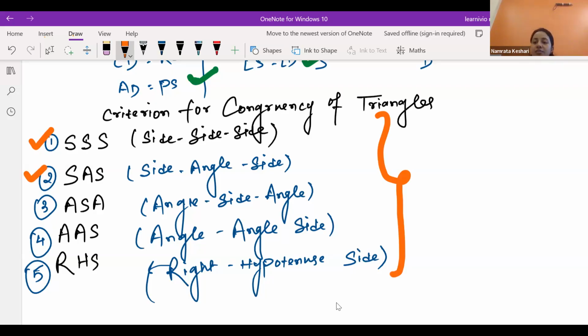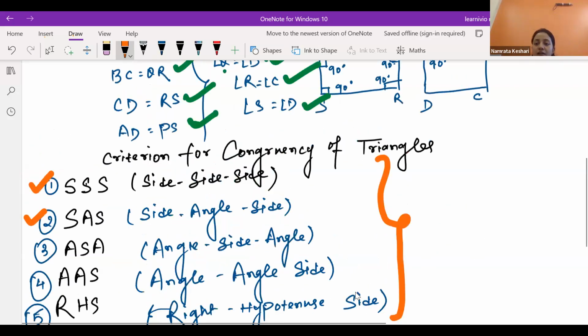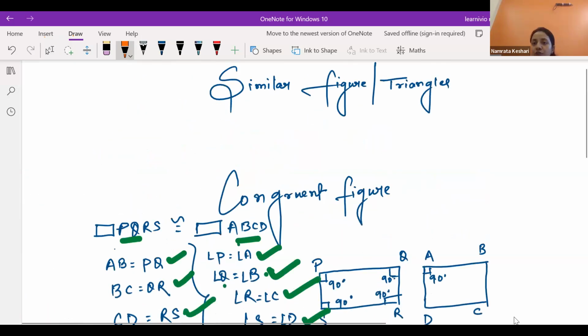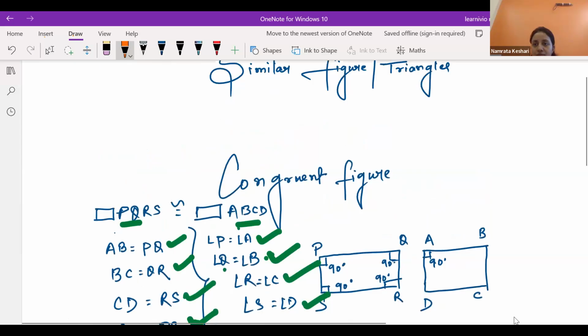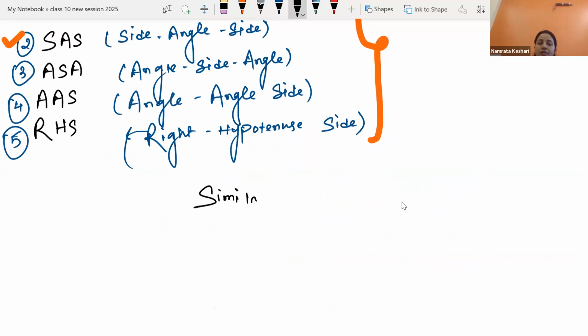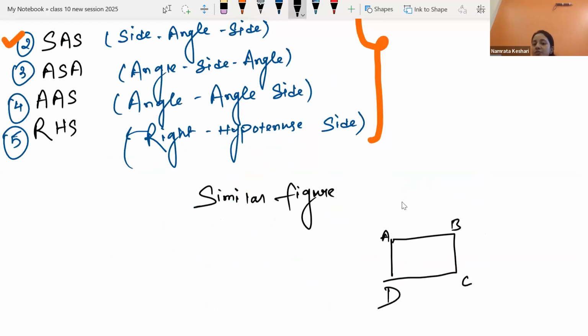Okay, so we were doing questions from here. Today we are going to start the discussion from similarity of two figures. Now, what does that mean, similarity of two figures? Let's see. Suppose we are having a quadrilateral ABCD, whose measurements are this way.